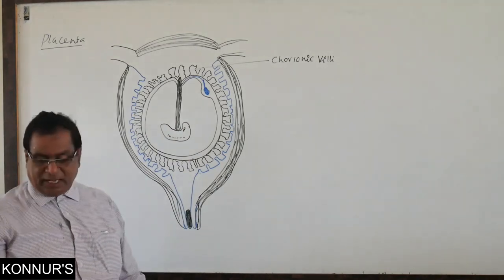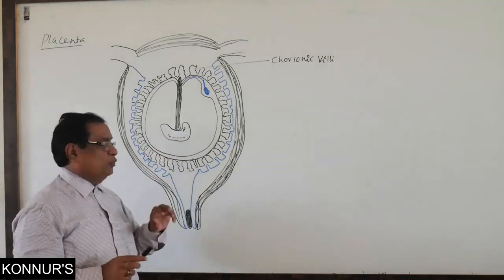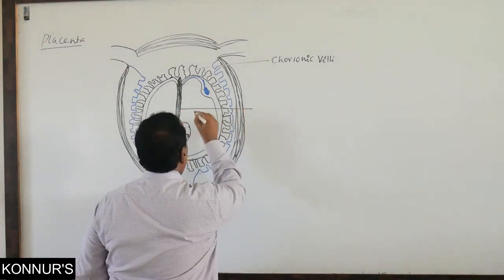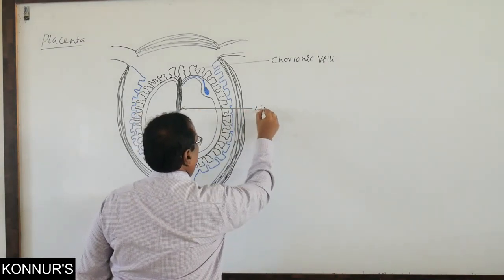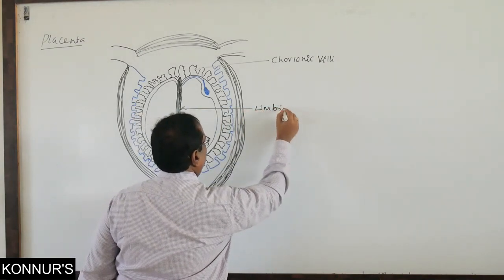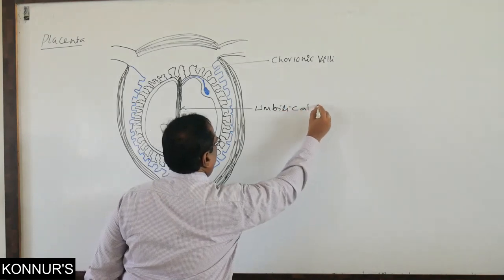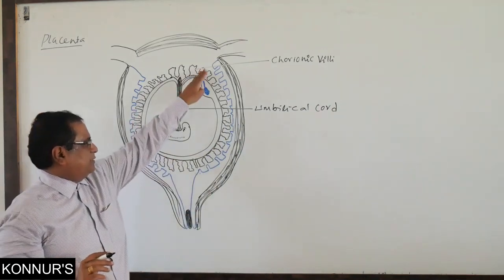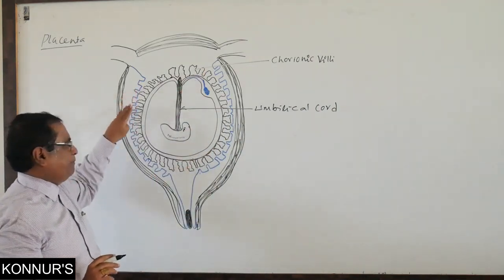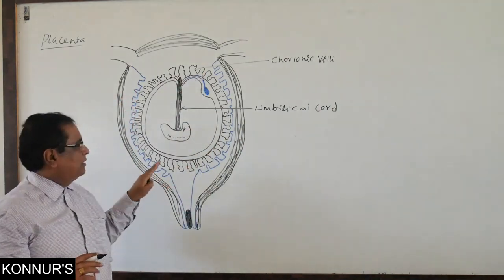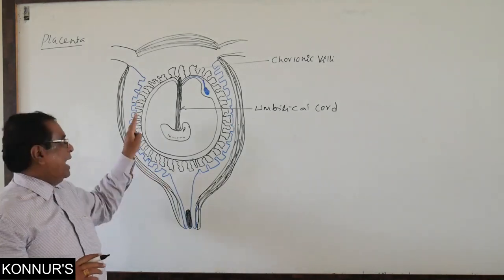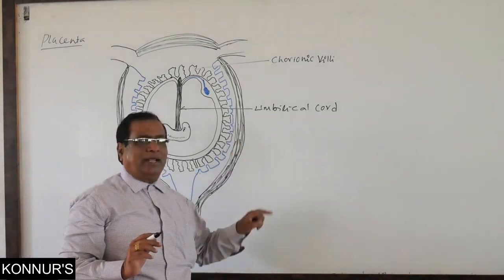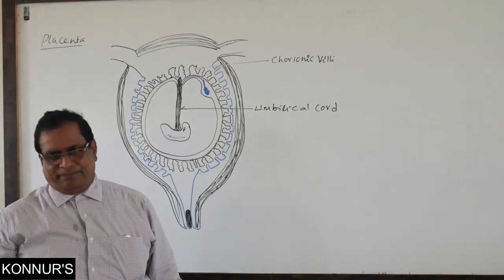And that placenta is connected to the embryo by the umbilical cord. This interdigitated part is the placenta, and it is connected to the embryo by the umbilical cord.